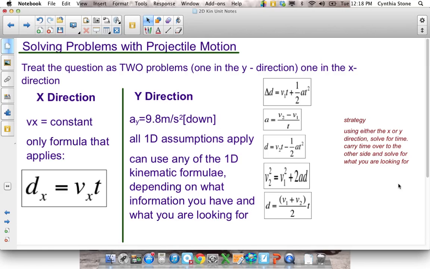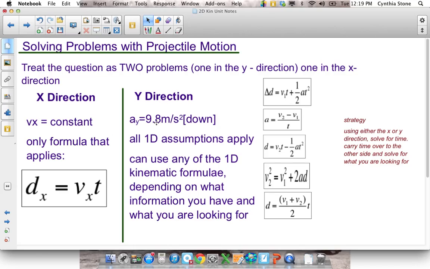If you've solved it in the x direction, you can carry the time to the y, or vice versa, right? The things that we know for sure is that Vx doesn't change. So if you know the initial Vx, it's going to be the final Vx. It's really a uniform motion problem in the x direction, where this is the equation. Okay? Distance equals speed times time, really, just in the x direction.